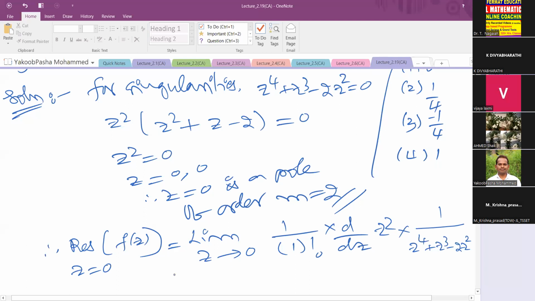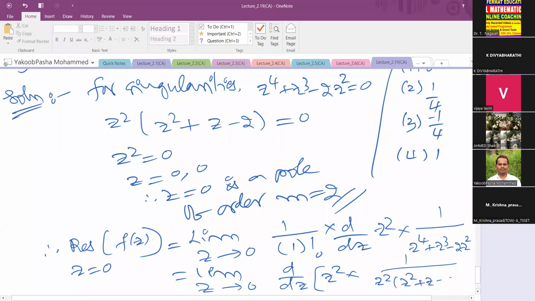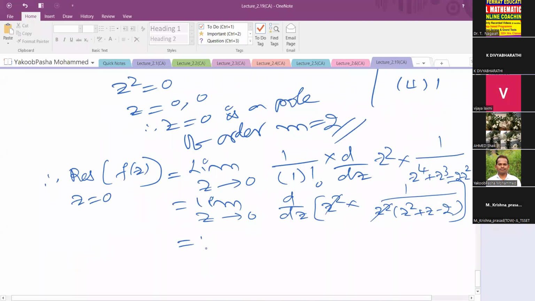So when we take z square common in the denominator, we get d by dz of z square into 1 divided by z square of (z square plus z minus 2). Here z square will be cancelled. Okay. So this is equal to the limit as z tends to 0 of the derivative of 1 by (z square plus z minus 2).